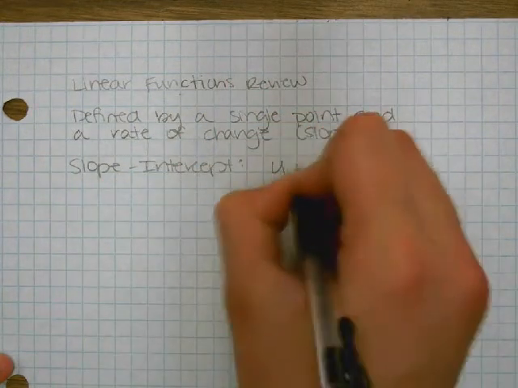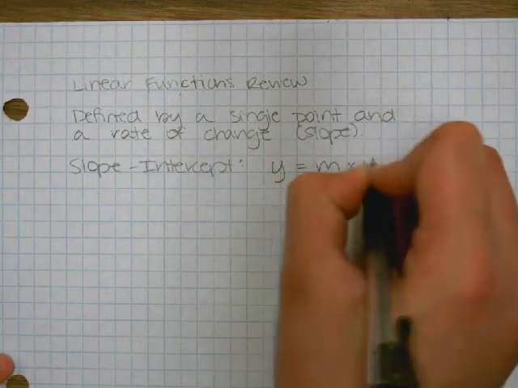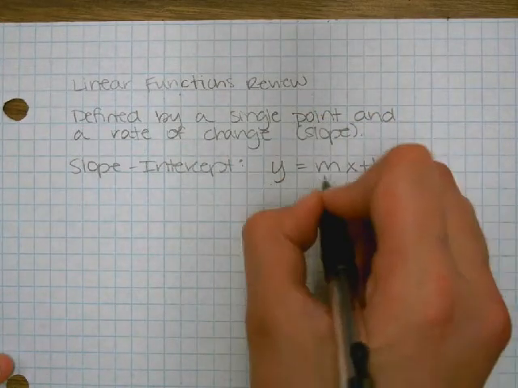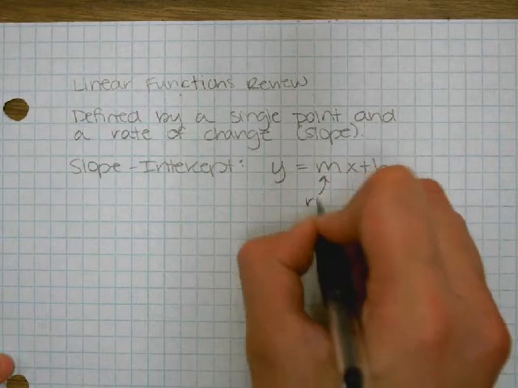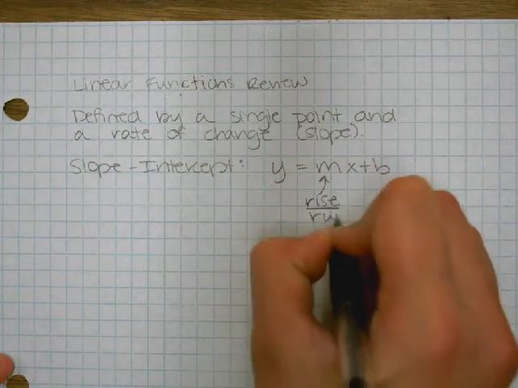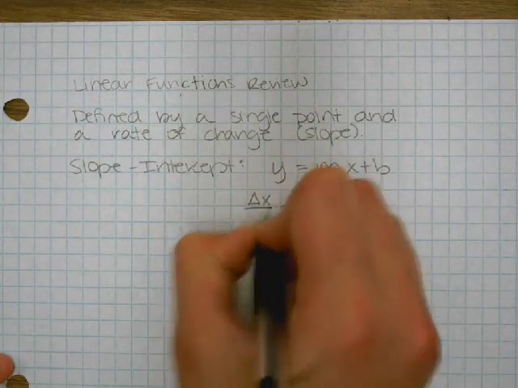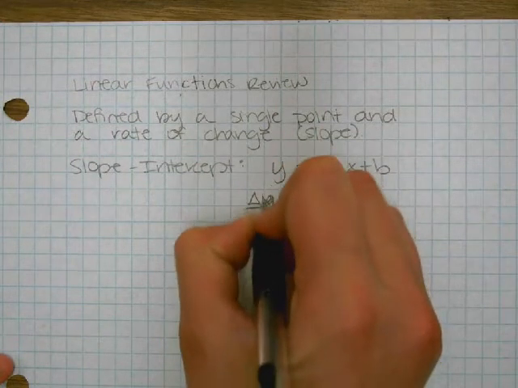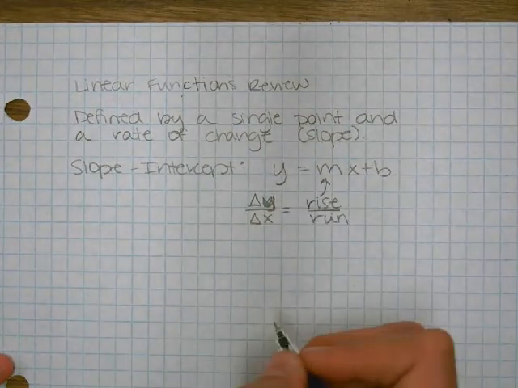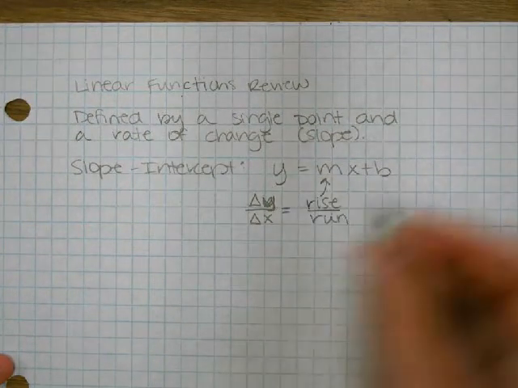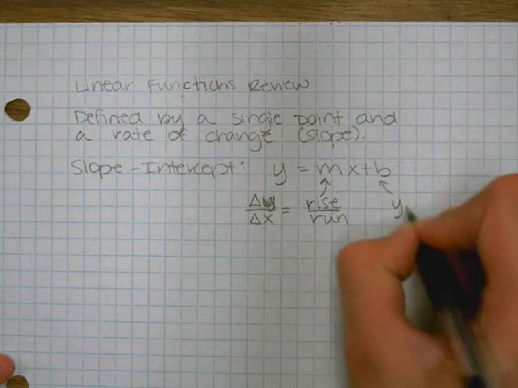And slope-intercept form is y equals mx plus b, where the m is the slope, and we describe that as rise over run. And you might have even seen it as change in y divided by change in x. And the b over here is the y-intercept.